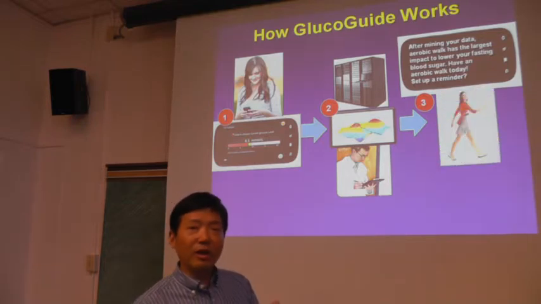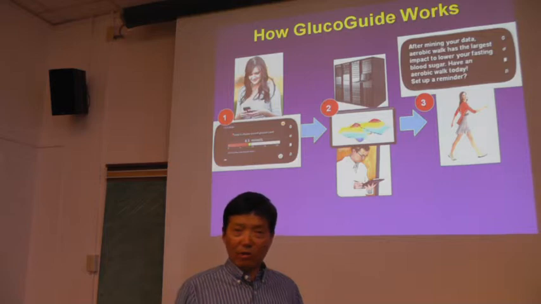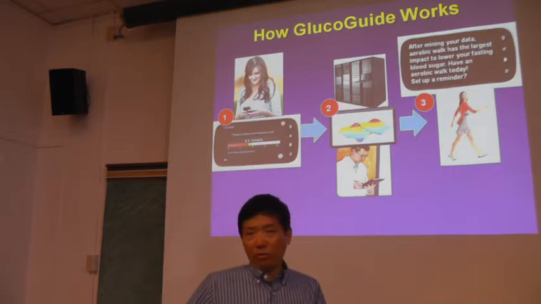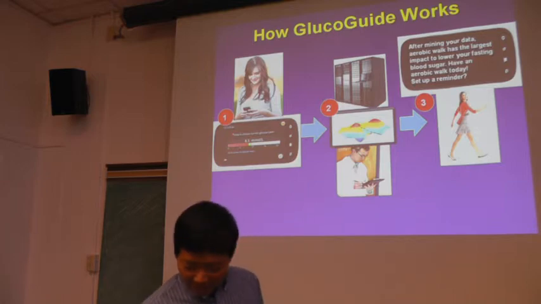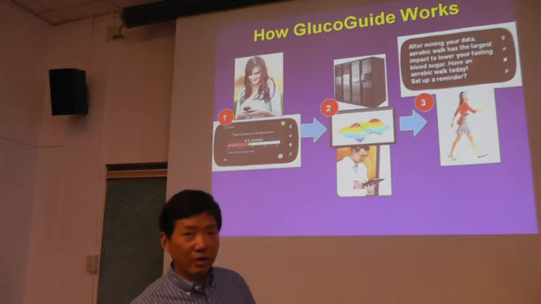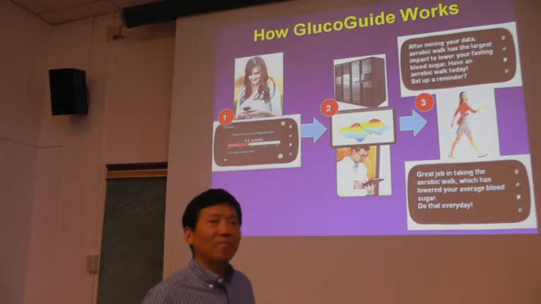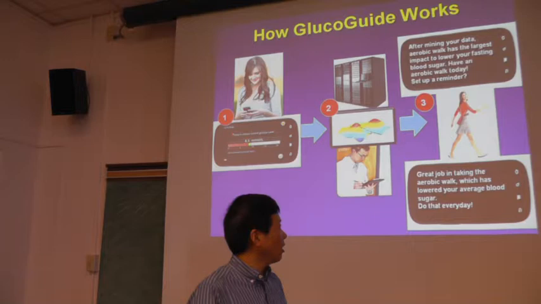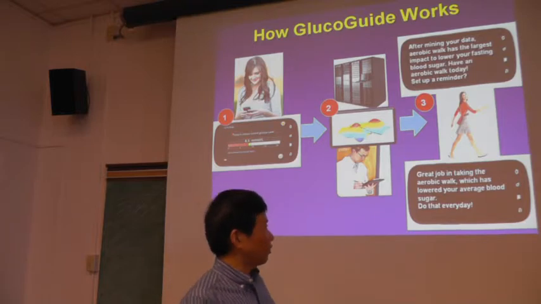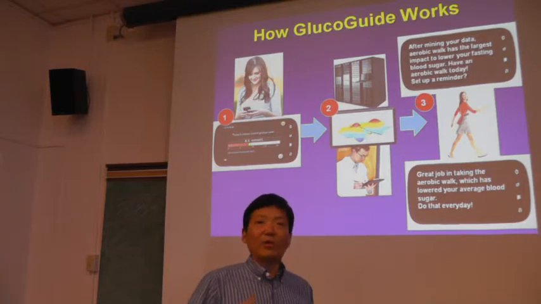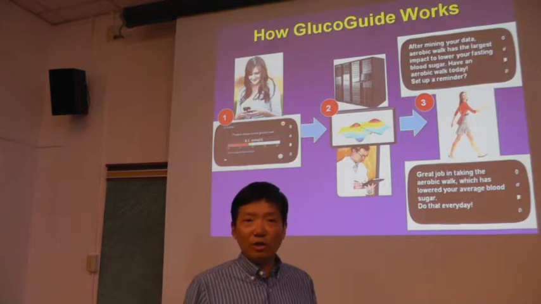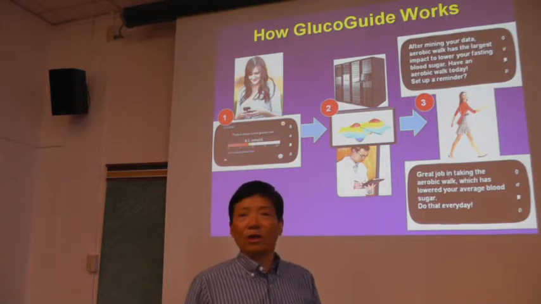And then if the patient does take an aerobic walk, this information can be detected through the cell phone, and the data will be uploaded to the server again, and our server will send encouraging messages, maybe the next day, saying, great job taking the aerobic walk, which has lowered your average blood sugar. Do that every day. So it's interactive. Every 1 or 2 days, it will send you this kind of recommendation to keep you engaged, to encourage you, and to bring your blood sugar into good control.